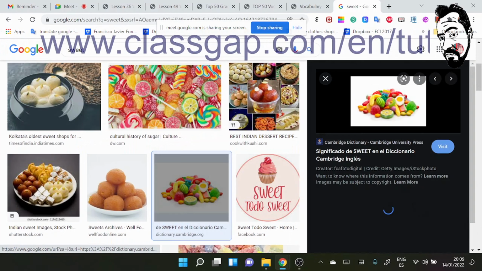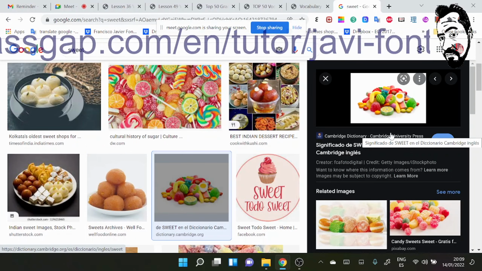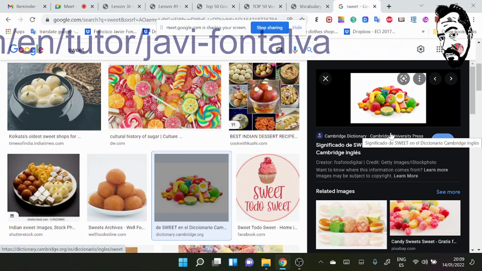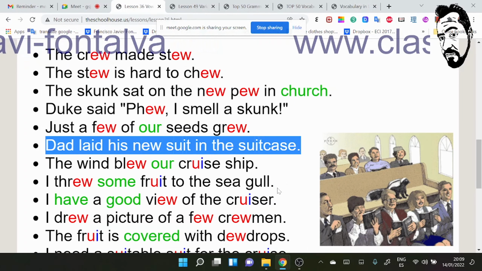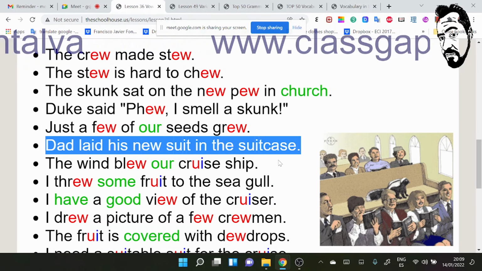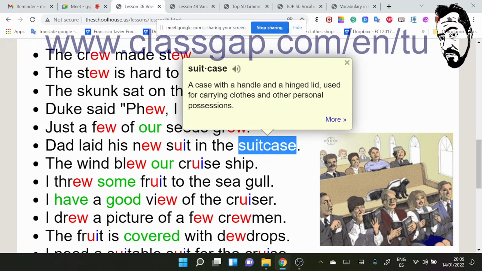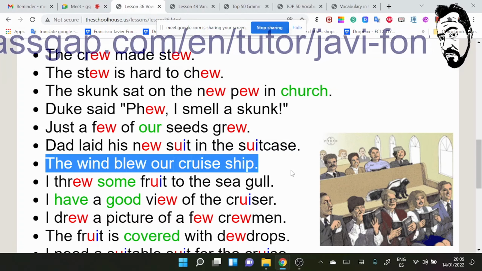We call it sweet. So you have to be careful. If you say sweet is dulce or caramel. Suit. Okay. Something like that. Suitcase. So suit and suitcase. Next one.